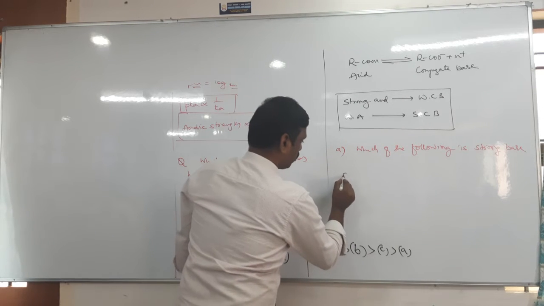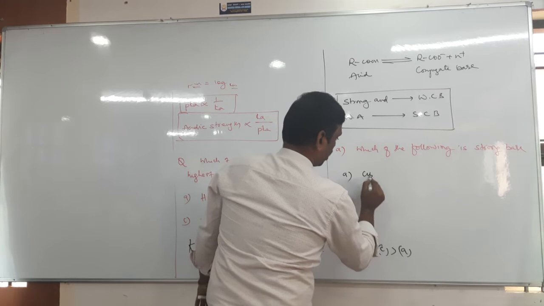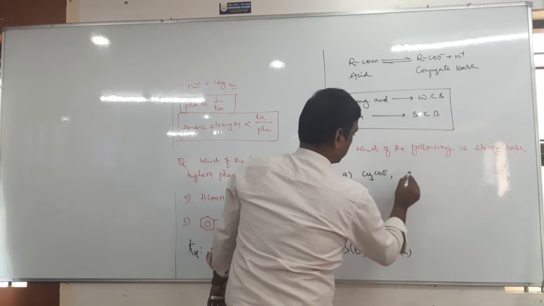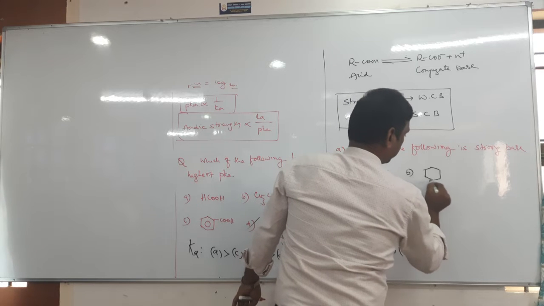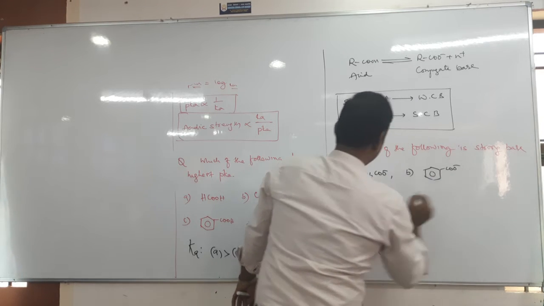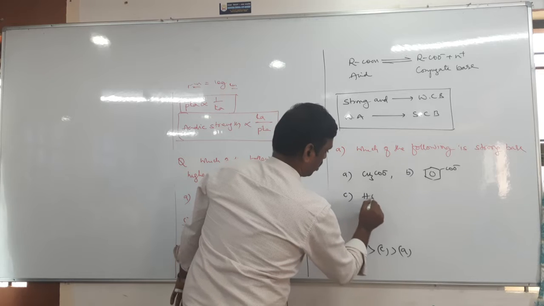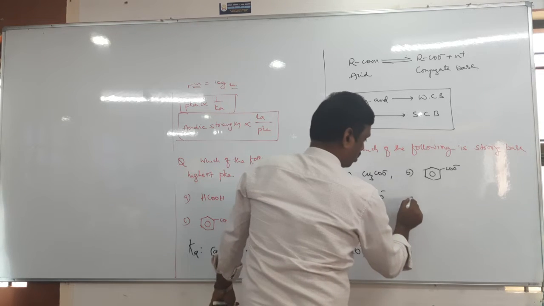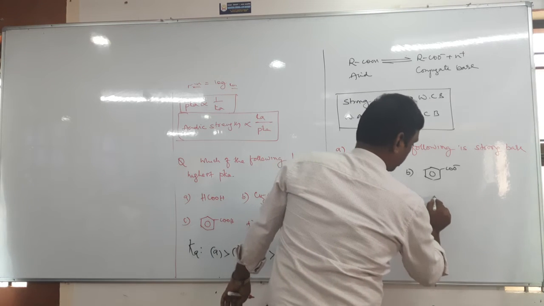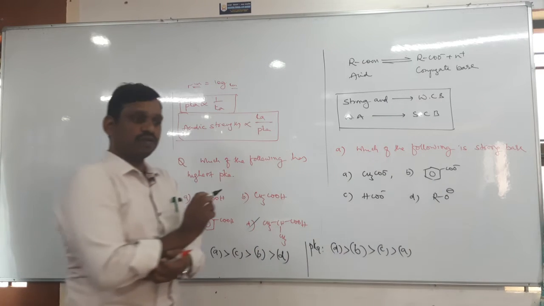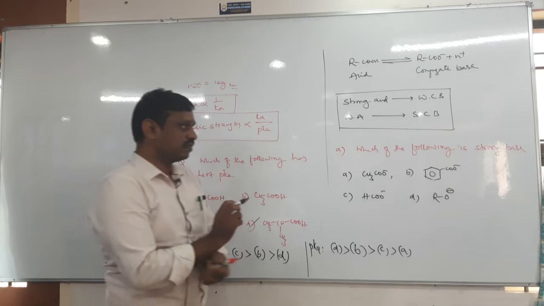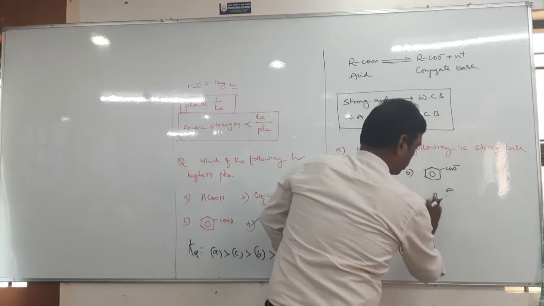Option A, acetate ion; option B, benzoate; option C, formate; option D, alkoxide. Okay, we will leave this, we will study about this later.